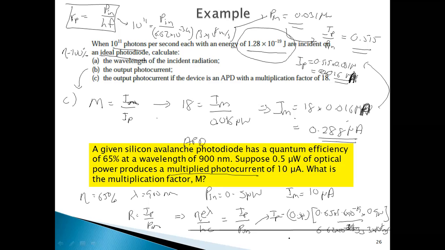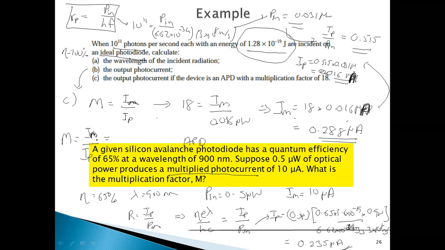By calculating this, you are going to have IP, the photocurrent without any multiplication process, equal to 0.235 microampere. So this is the value of the photocurrent. Then we can use this to calculate the multiplication factor M, in which, from what we have learned previously, M shall be equal to IM, the photocurrent after the multiplication process, divided by IP, the photocurrent before the multiplication process.